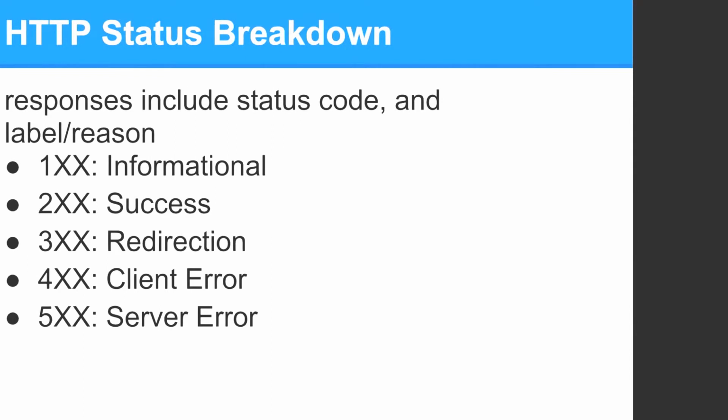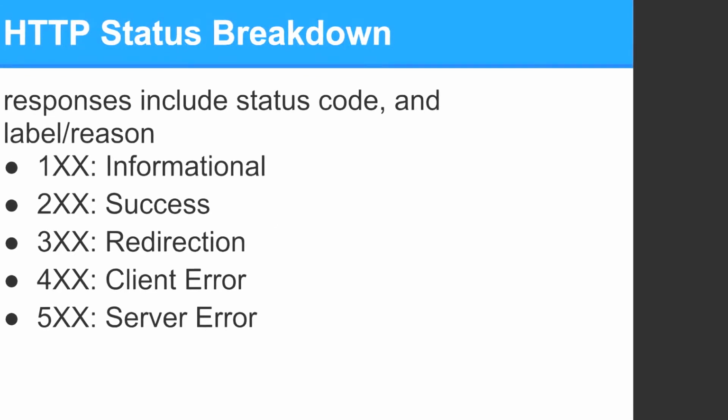So there are five categories of HTTP response status codes. Anything in the 100 series is purely informational. Anything in the 200 series usually is success. The most common one is 200: resource found, here's the HTML page or whatever. 300 is redirection.